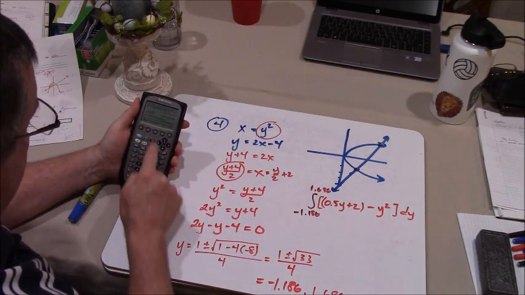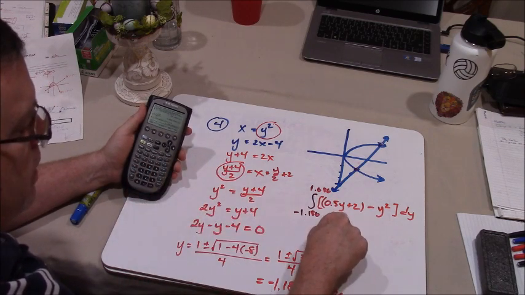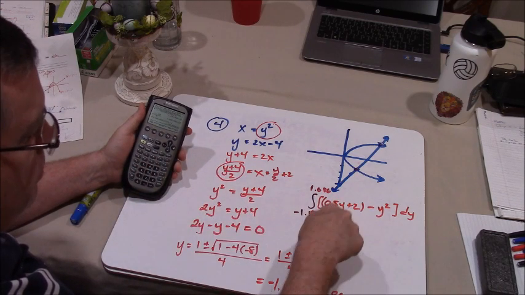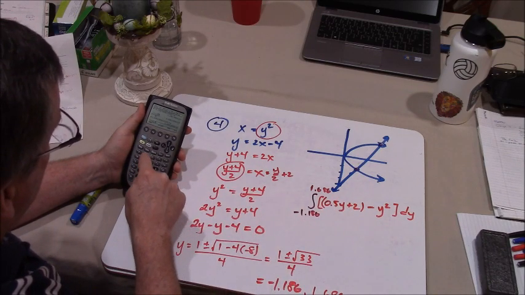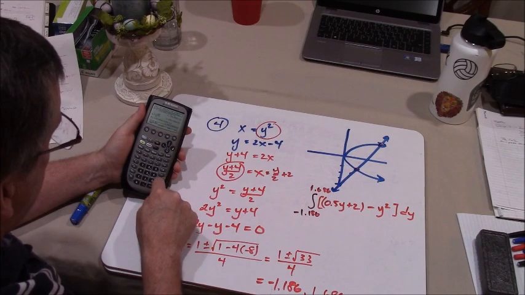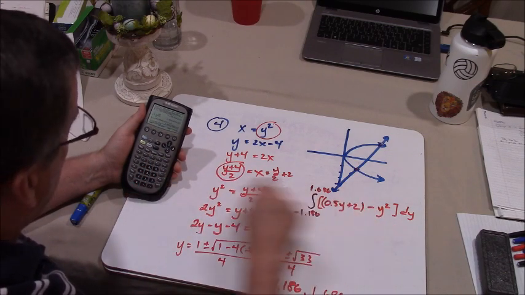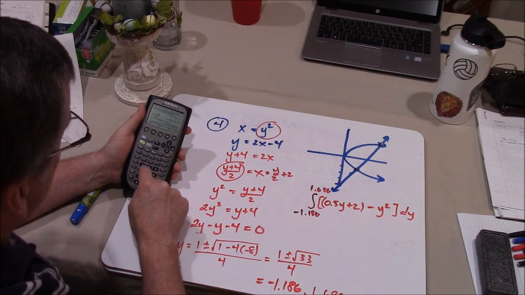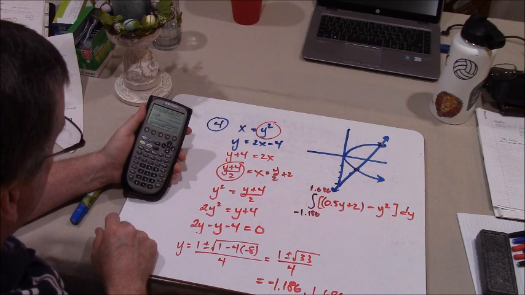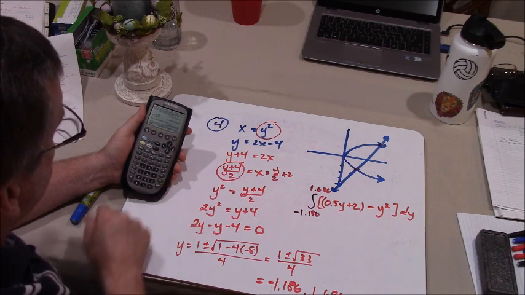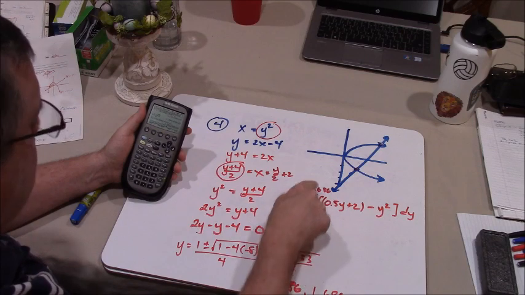So I've got the integral. I don't really need these parentheses, but I'll go ahead and put them in there. I've got 0.5y plus 2. We'll close that parenthesis off. And then minus y squared, comma, with respect to y, from a to b.